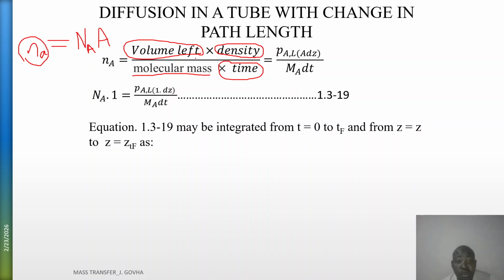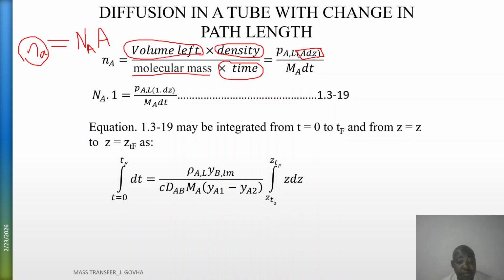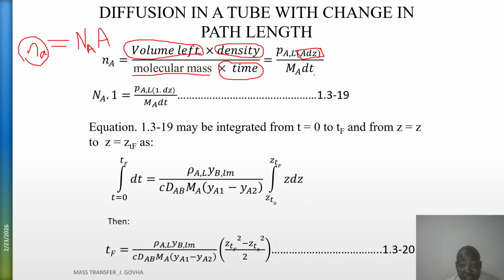Our volume is given by surface area times change in path dz. Then our density is rho over MA, dt as indicated there.